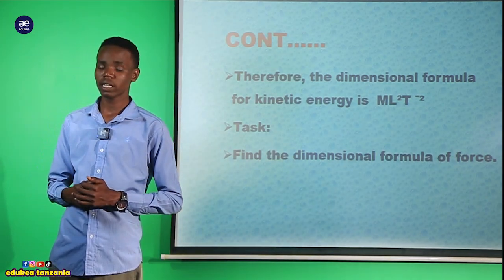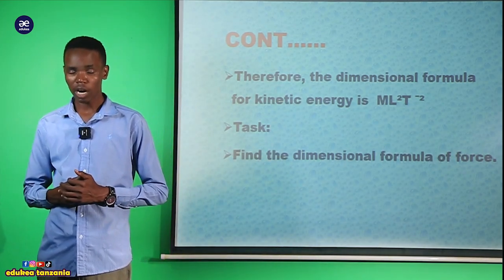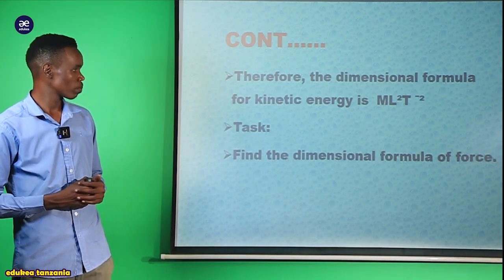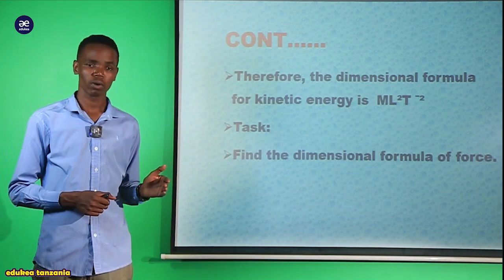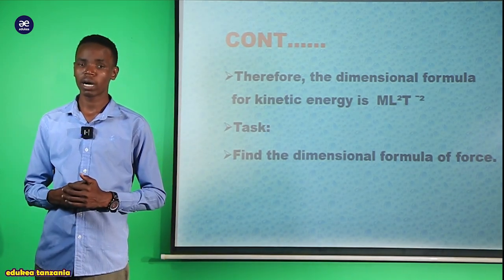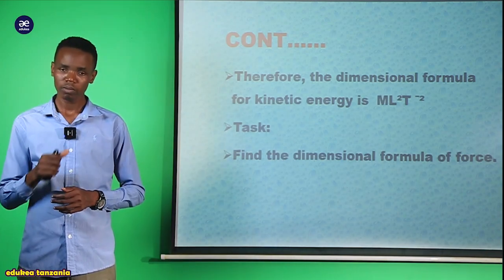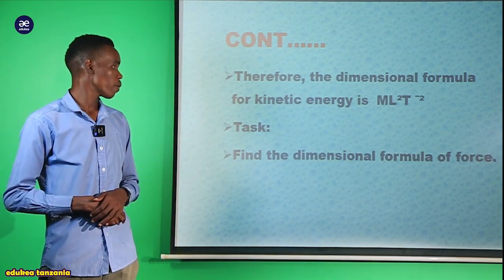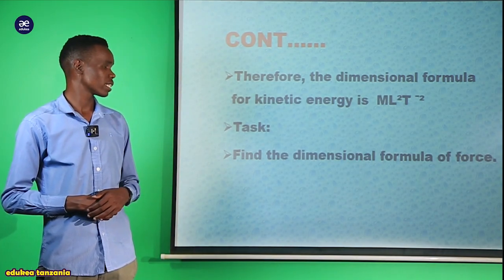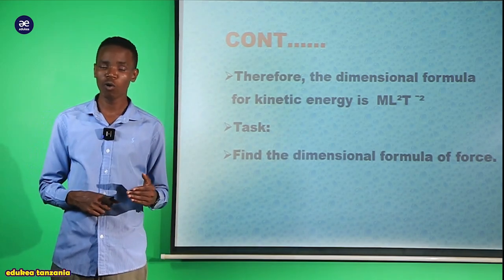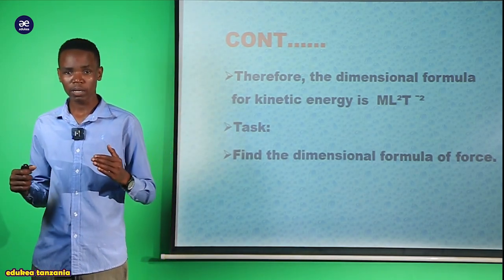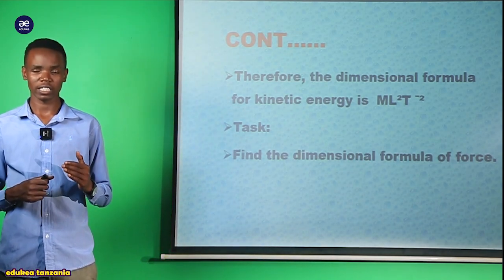Therefore, we can conclude by saying that the dimension of the kinetic energy is M L square T power negative 2. So after there, we will conclude by saying that this is how we can explain about the dimensional analysis.